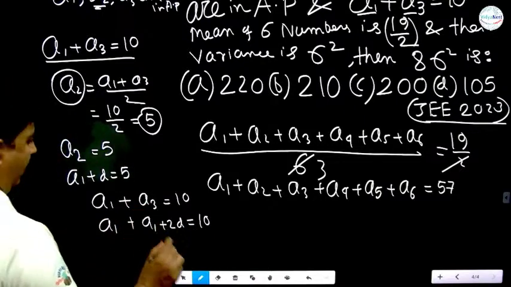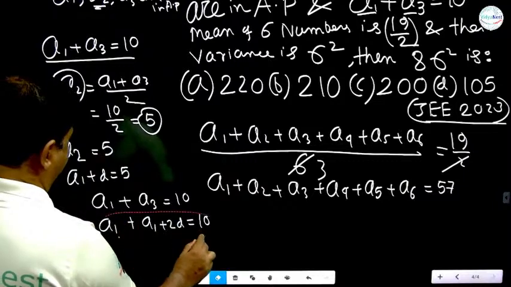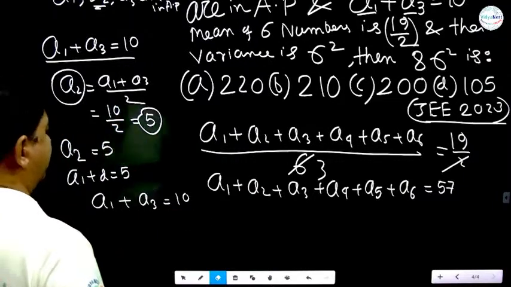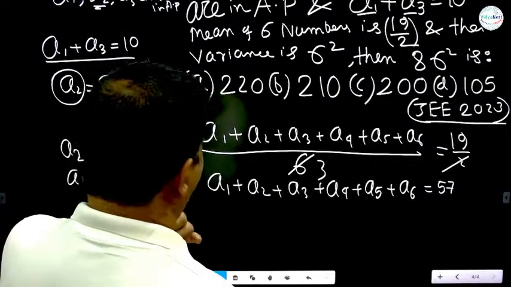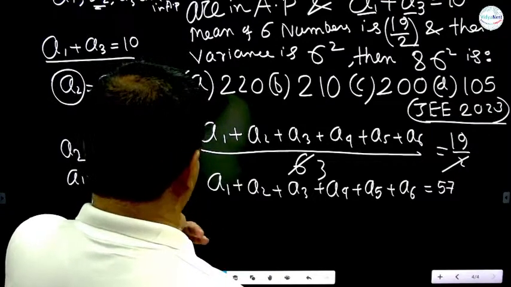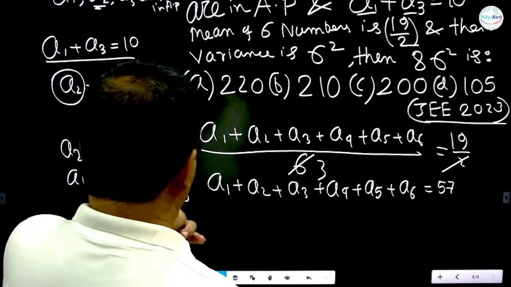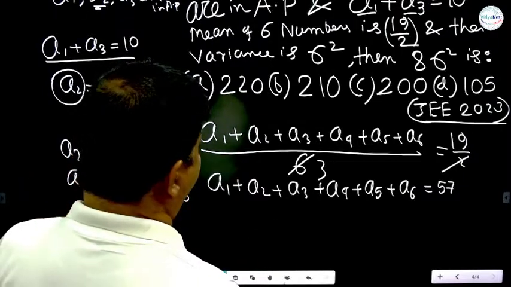So I think that will be irrelevant. इसका जरूरत नहीं होगा. A1 plus A3 से कुछ मिलेगा कि नहीं मिलेगा? एक मिनट है. A2 हाथ में आ गया. Total 57.